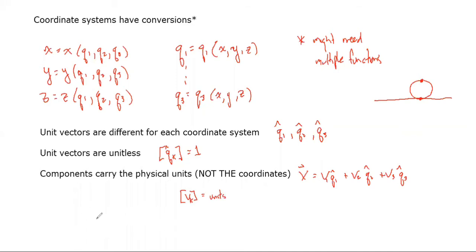And what should also be true is that A dot B should be the same in any coordinates. And I will write this, and then you guys will correct me.